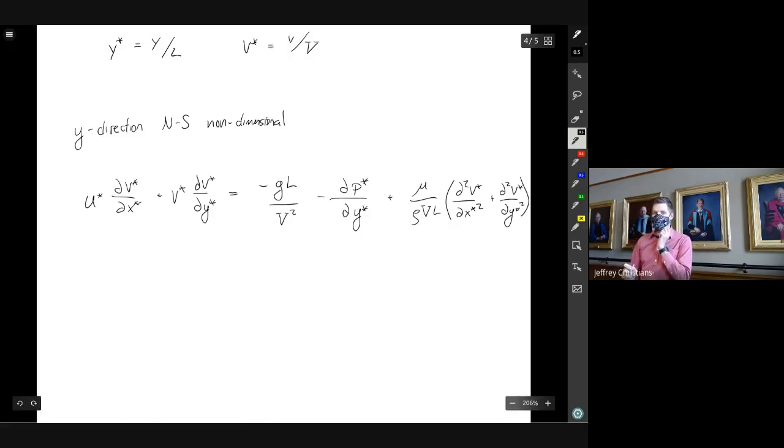So again, this would be describing the physics in a non-dimensional way.